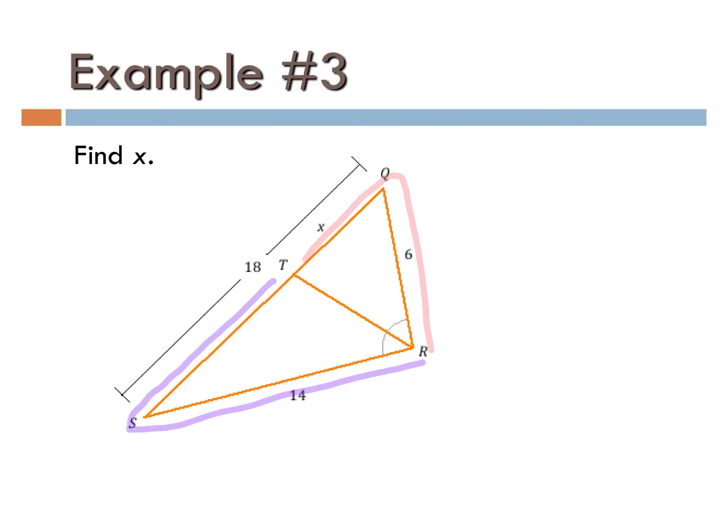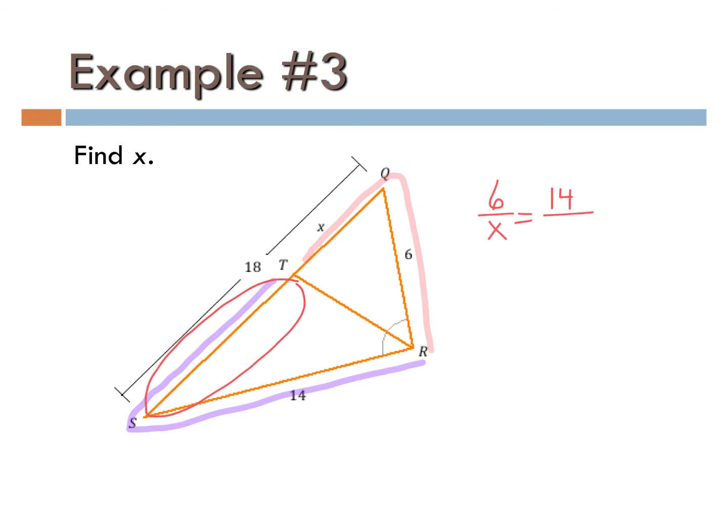And so 6 over x is going to equal 14 over, we don't have a length for segment TS. So you would think, maybe I could just write TS right here. But then we would have two unknown values, so we can't write that.